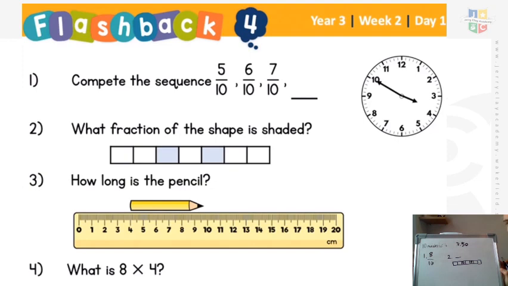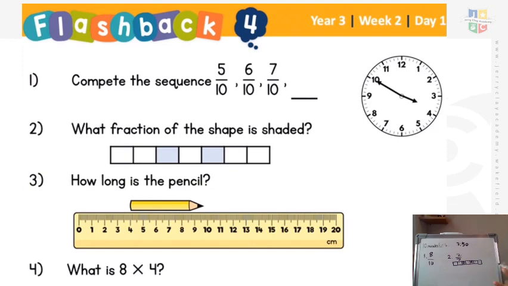So there's something like this, and I can count the parts first. I'm going to count 1, 2, 3, 4, 5, 6, 7. So my denominator is going to be 7 because there are 7 parts. And if I count how many are shaded, 1, 2, I know 2/7 are shaded.